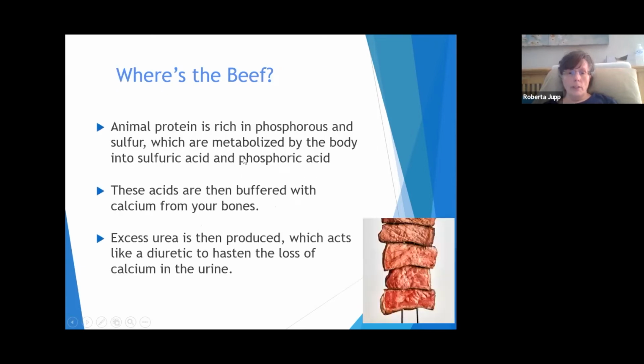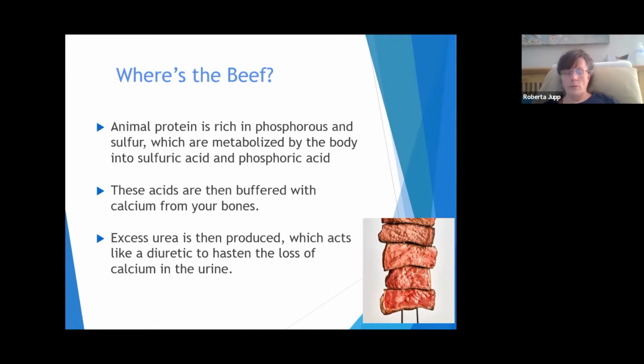So animal protein is rich in phosphorus and sulfur. When we eat animal protein, it's metabolized by the body into sulfuric acid and phosphoric acid. And we said any kind of acid, with the exception of citric acid, is going to be buffered by the calcium in the bone. So the more animal protein we eat, the more phosphorus and sulfur we have, and it's converted into an acid.